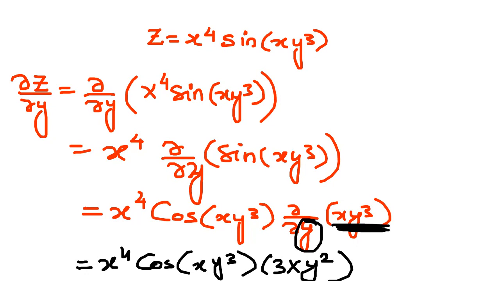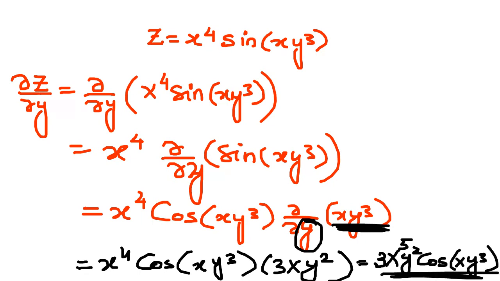Okay, so this is the partial. You can simplify also like this one, 3x power 5 y square cosine of x y power 3. Okay, so this is the partial derivative of the function.